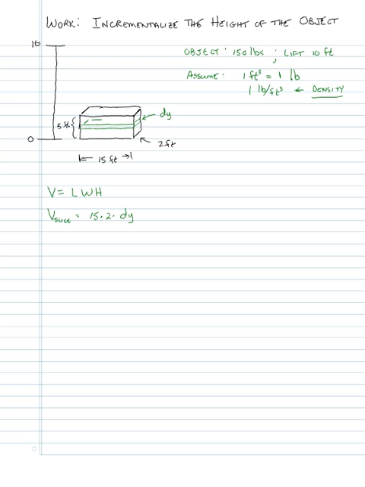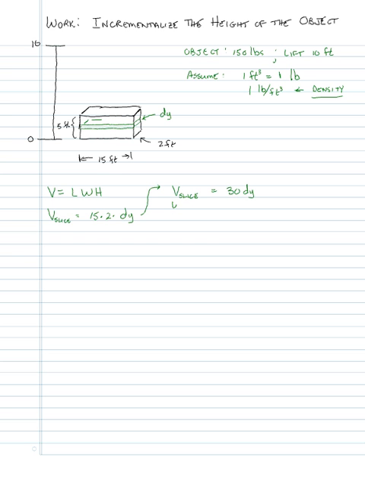We've seen this idea before. So there we have the volume of that slice. Let me write it this way. The volume of that slice is equal to what? 15 times 2, or 30 dy.